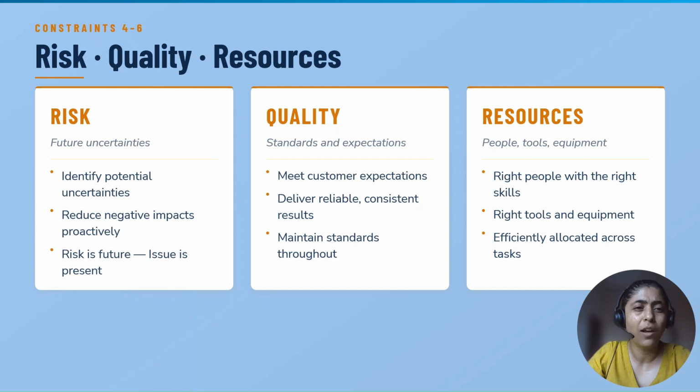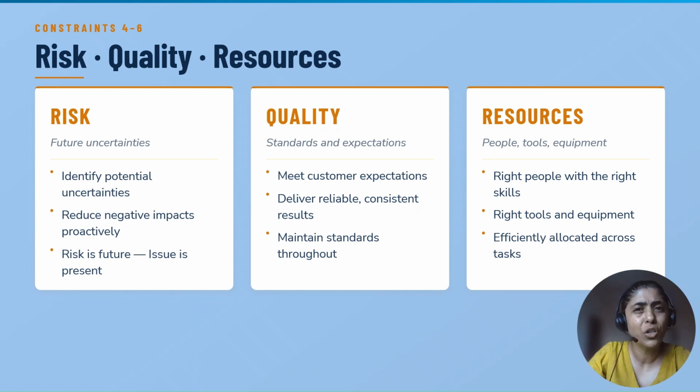Now let's look at the final constraint, which is resource. Resources include people, equipment, software, materials, and facilities. Imagine asking a chef to prepare dinner for 500 guests. Even if the chef is talented, it's unrealistic.